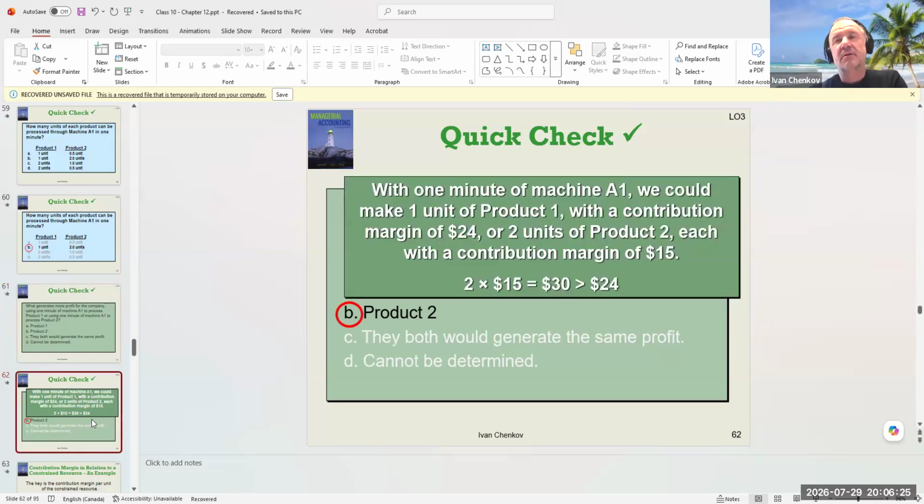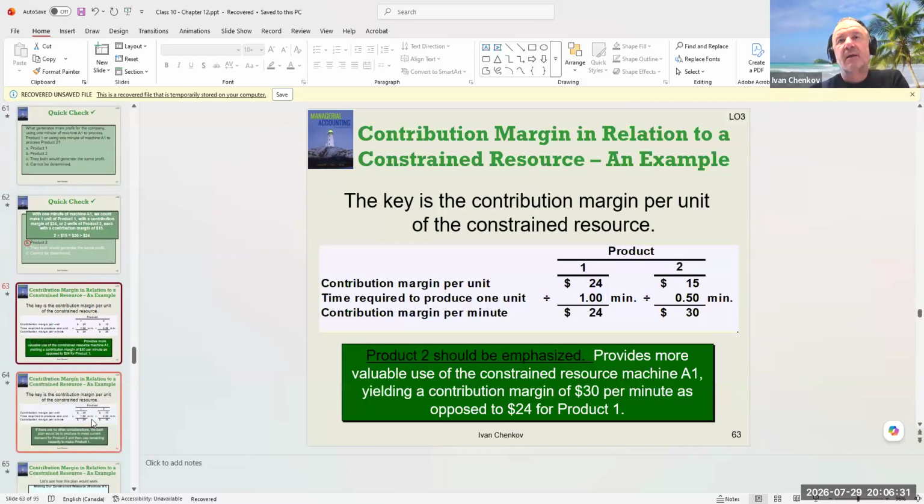That's a total of $30 contribution margin compared to $24 from product one. And that's the calculation for the contribution margin per minute, and the rationale that we should focus on product 2 first. And if there's available capacity, we should focus on product 1.